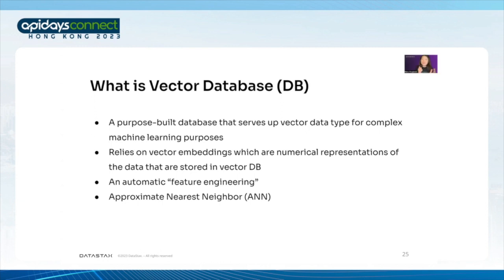So the vector DB becomes very important in this new age of GPT, because all of this data needs to be stored somewhere. The vector DB can come to the rescue. It offers automatic feature engineering and leverages the approximate nearest neighbor technique, among other techniques, but approximate nearest neighbor appears to be the most efficient way of doing things.